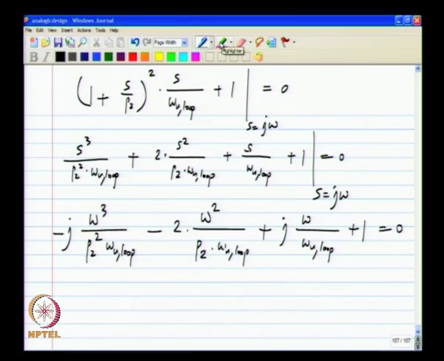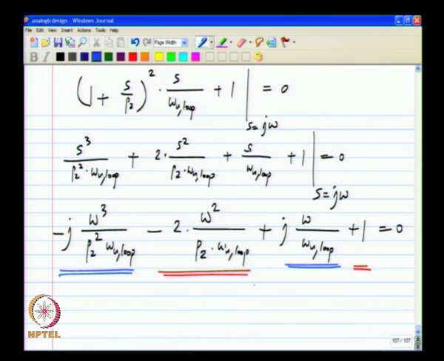And there are two equations because there is the real part of this equation and there is also the imaginary part of this equation, and each of them has to be equal to 0. By equating them to 0 you will get the two conditions.